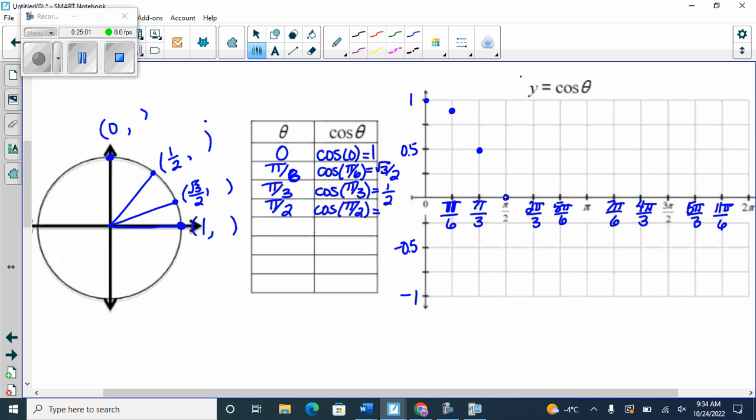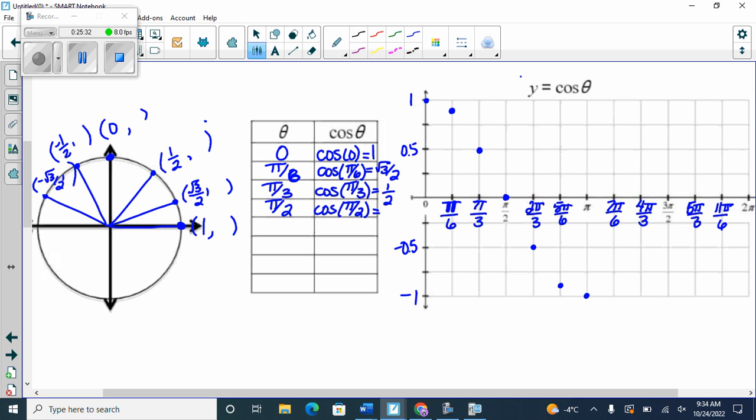Then we're heading into the negatives, which makes sense because cos is negative in quadrant 2 and 3, right? Because x is negative in quadrant 2 and 3. So then cos at 2 pi over 3 is negative a half. Cos at 5 pi over 6 is negative root 3 over 2, negative 0.866.